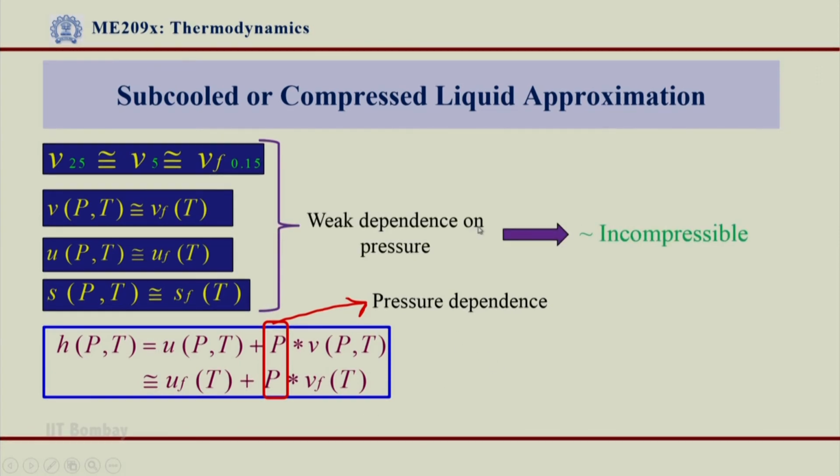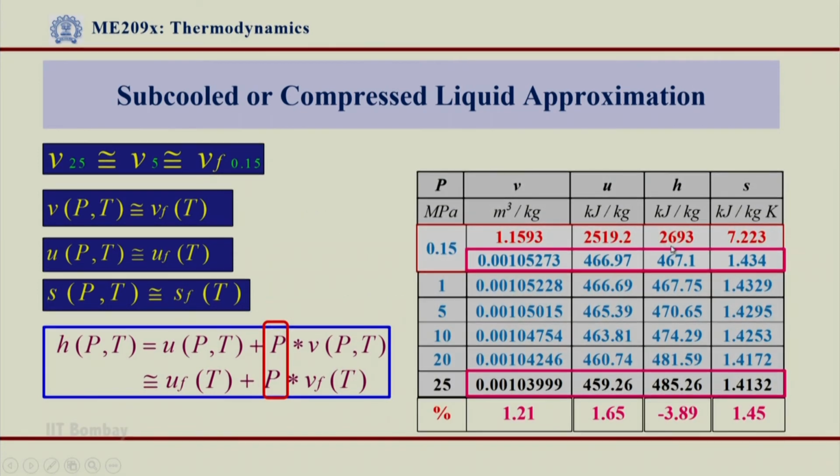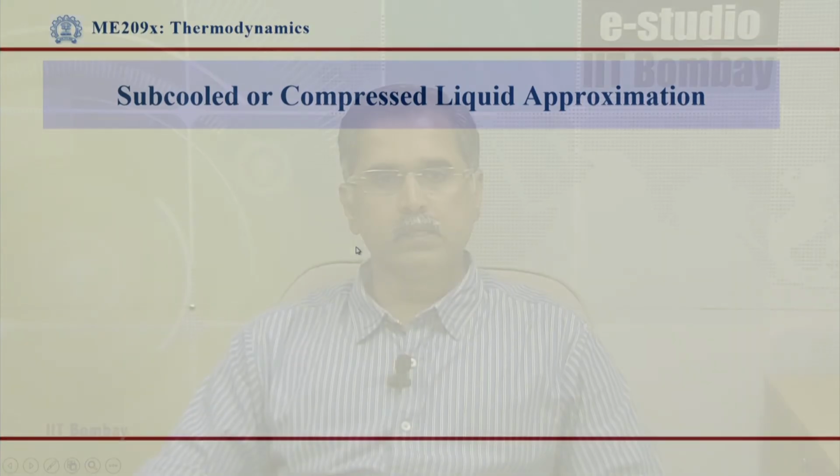In the other cases there is a weak dependence, but there is pressure dependence in this case, and that is why you see in the table that for enthalpy I cannot assume that H(P,T) is equal to H_f(T). I can do this assumption for V, U and S, but not for H, because of the presence of this P term in the equation for enthalpy.